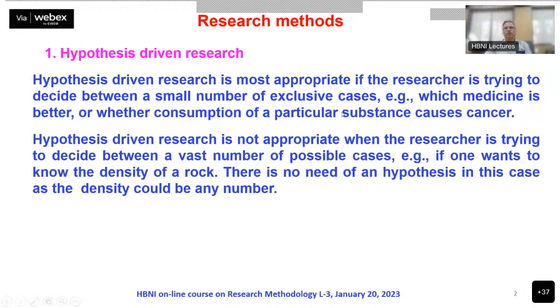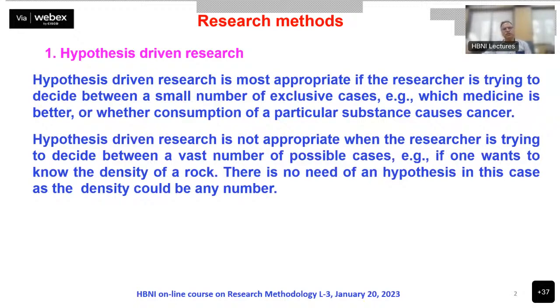For example, you are comparing two medicines, or you are studying the effect of substances like tobacco, smoking, alcohol. So what is the effect of them on the health of human beings? Somebody says it has an effect, somebody says it doesn't. So one can study in detail by a survey or analysis of the health of people and so on.